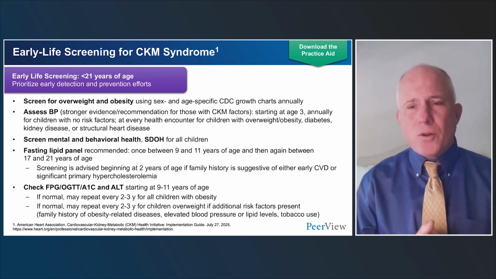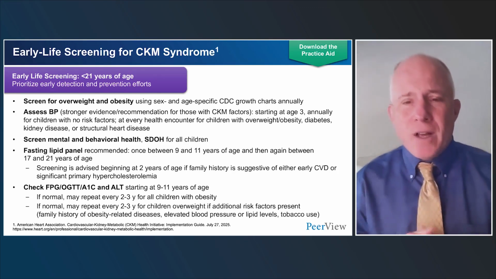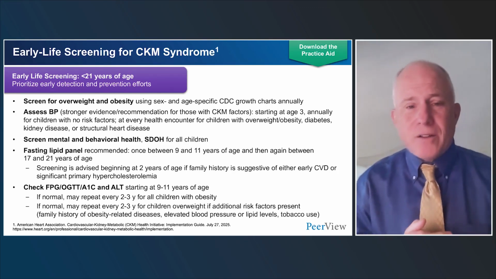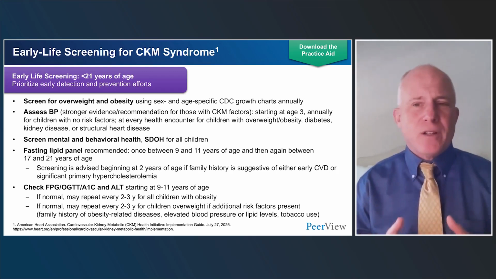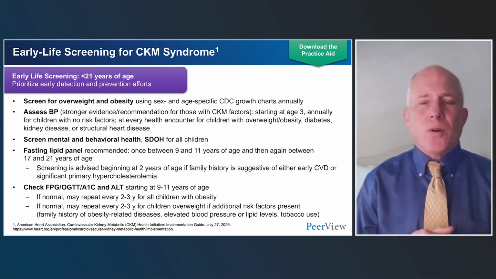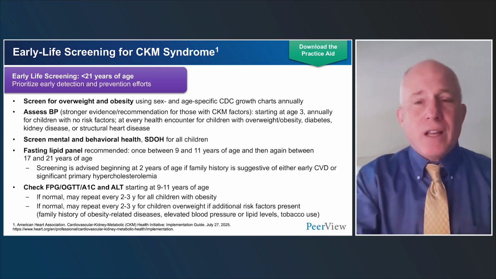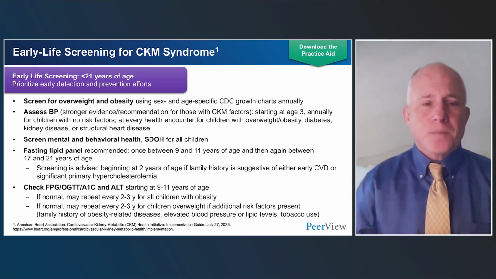It's very important to do early screening, because the last thing I want to see is a bunch of people in their 20s that actually have chronic kidney disease or hypertension or diabetes. And we certainly have seen these conditions move to younger populations. And so I think it's important for us to be aware that our work starts even when people appear to have limited or no risk factors.